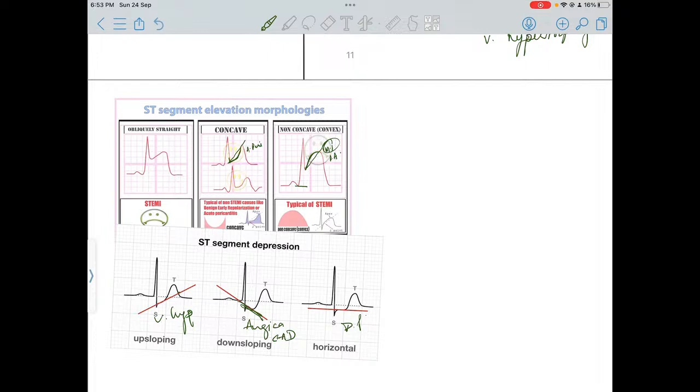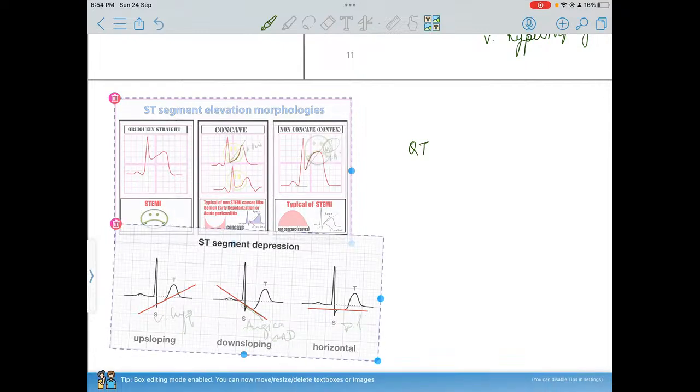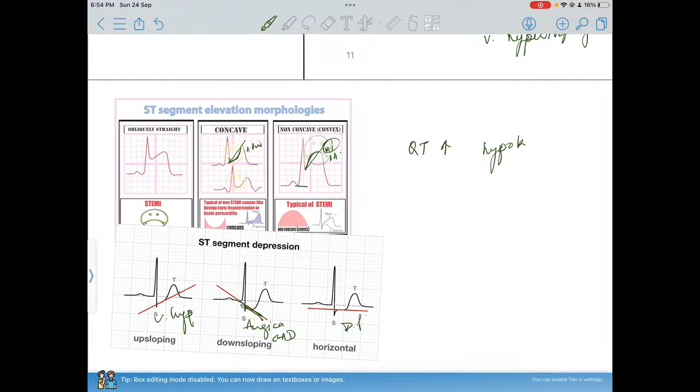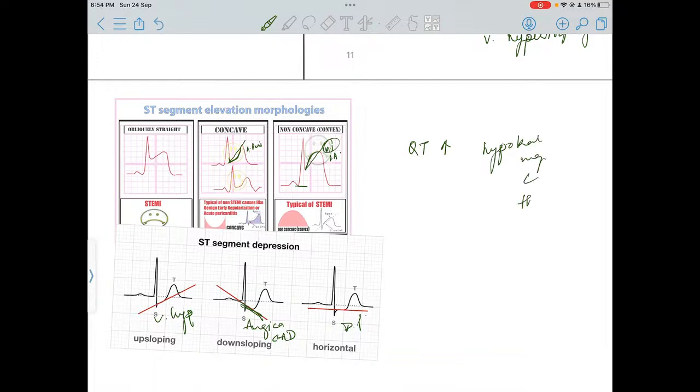Now, the QT interval. The QT interval starts from the Q till the end of the T wave, covering ventricular depolarization and ventricular repolarization, and it increases in hypothermia, hypokalemia, hypomagnesemia, hypocalcemia, MI, and mitral valve prolapse, MVP.